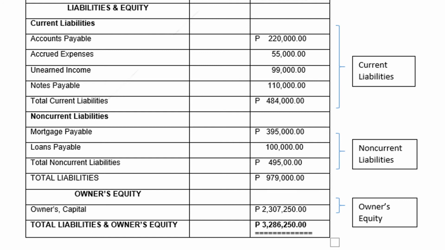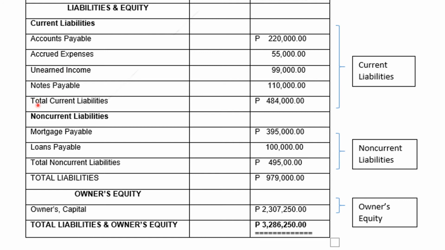And then the non-current liabilities are the following: mortgage payable, loans payable, and total non-current liabilities. So the non-current liabilities will be added to the current liabilities equals total liabilities.